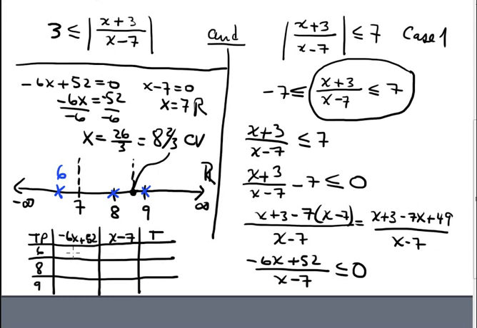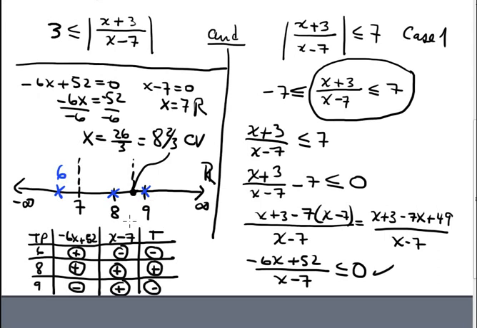Remember the signs. This is plus, this is minus, this is minus, this is plus, plus, and this is plus, and this is minus, plus, and this is minus. Remember, this is less than or equal to 0.